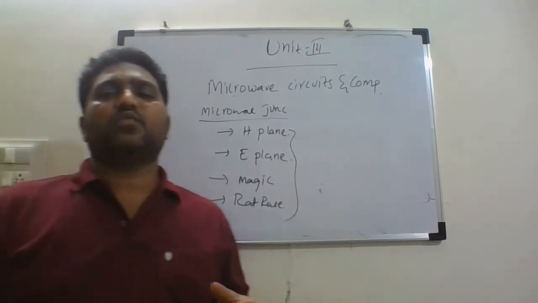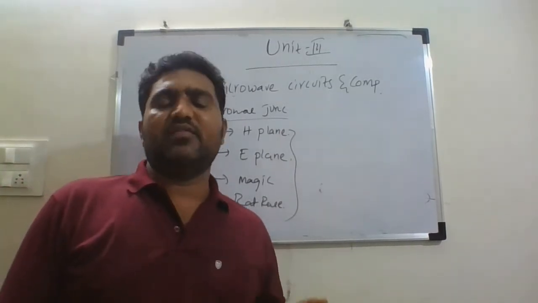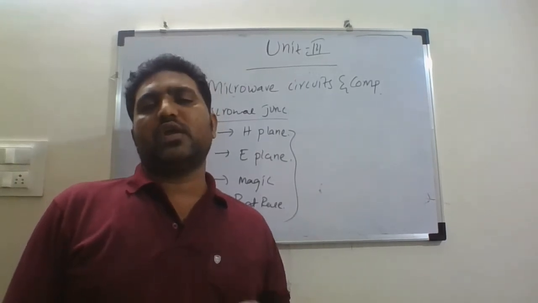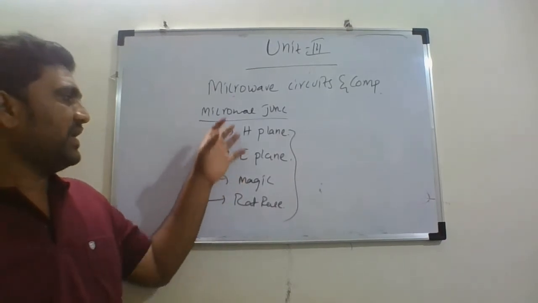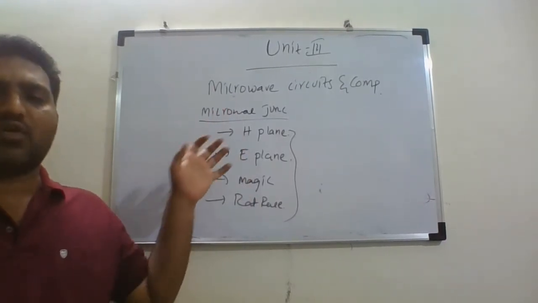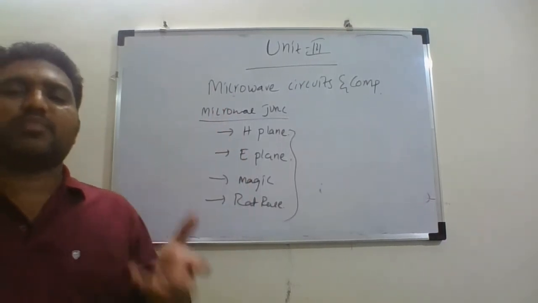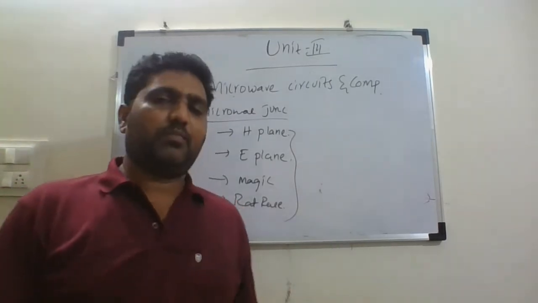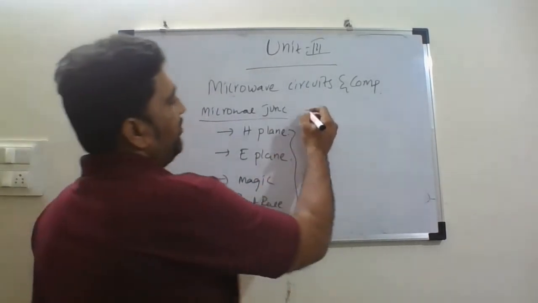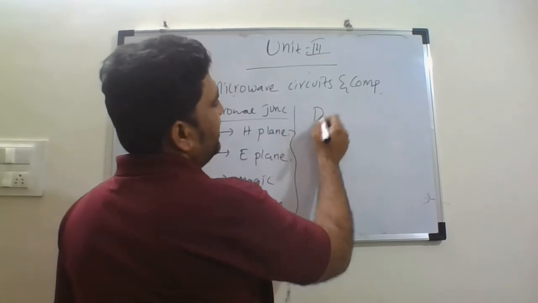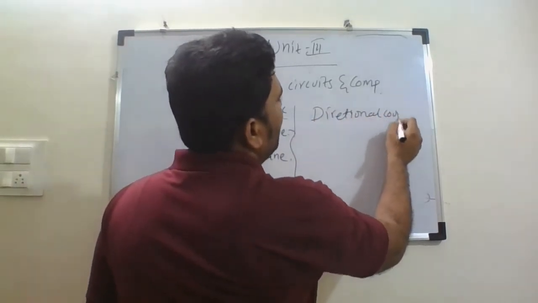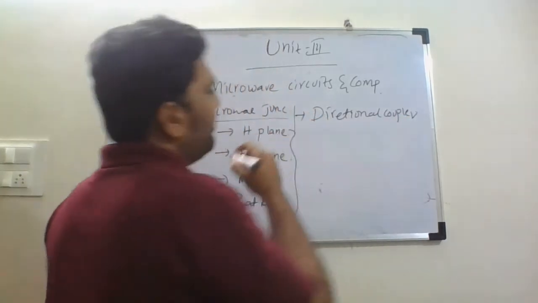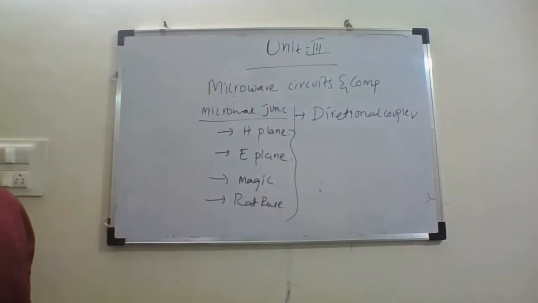What is a junction, what is their behavior, where are they used, and what are the S parameter matrices of these? We will calculate the S parameter matrix for all of these, and from there understand their behavior. After this we will study the directional coupler, which is also used for connecting various microwave devices, a very important device.